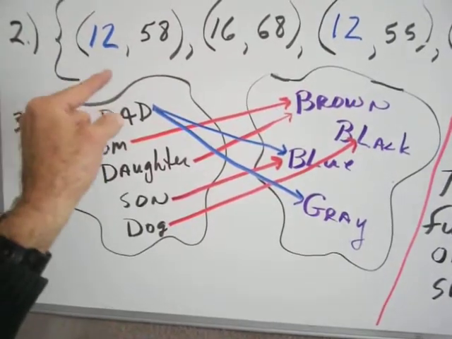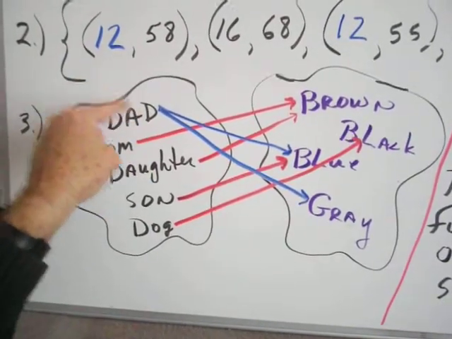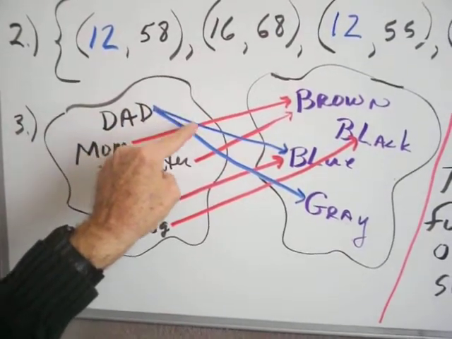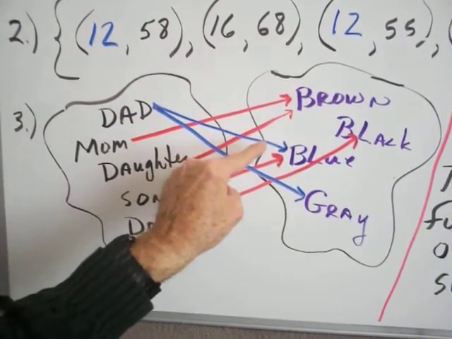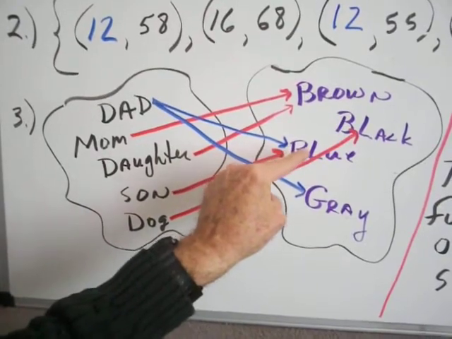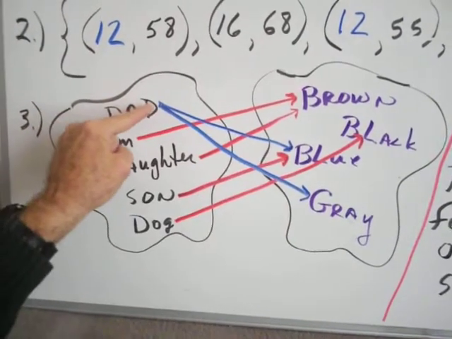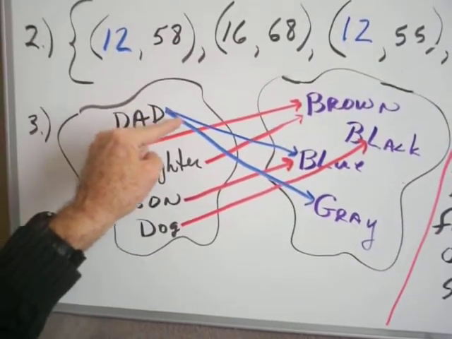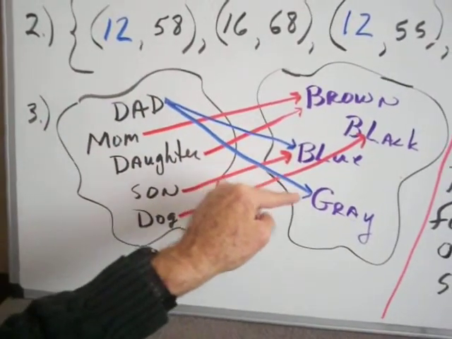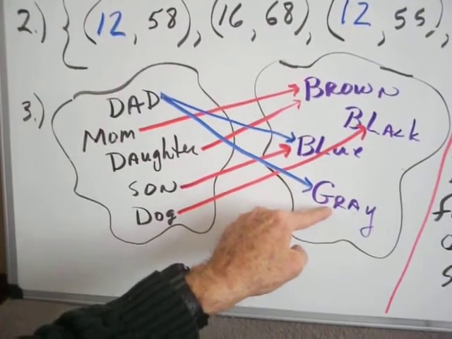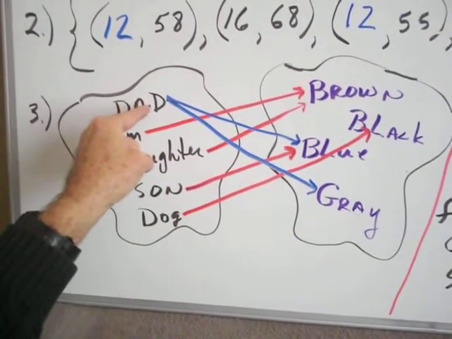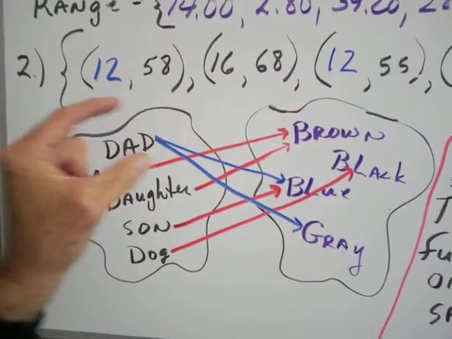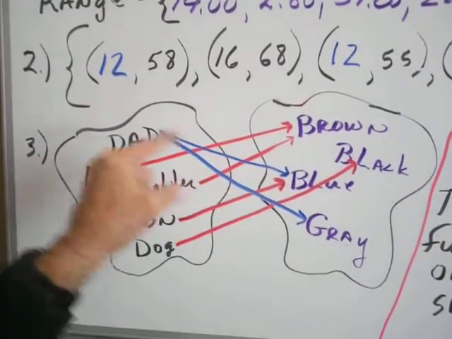But go to dad. Dad, the domain, not only corresponds to a pigment color of his eye to be blue, but emanating from dad as well, he has a slight little pigmented color of gray. Each value of the domain corresponds to at least one range value.